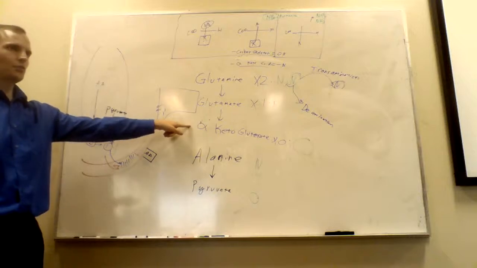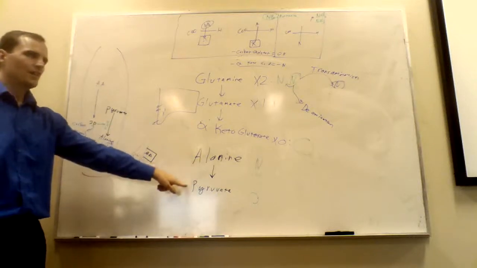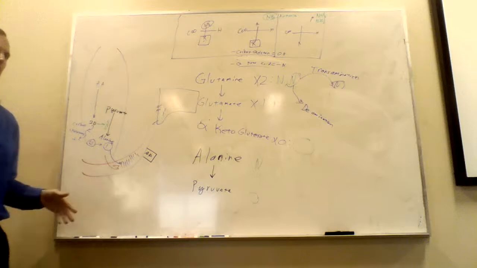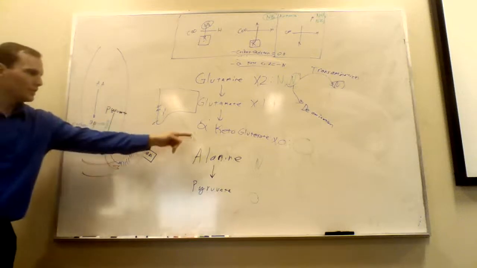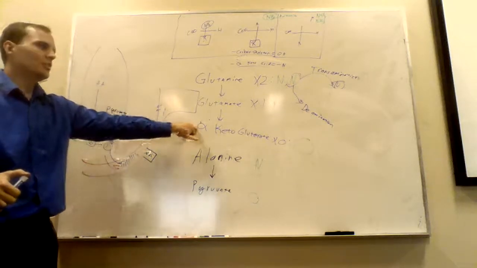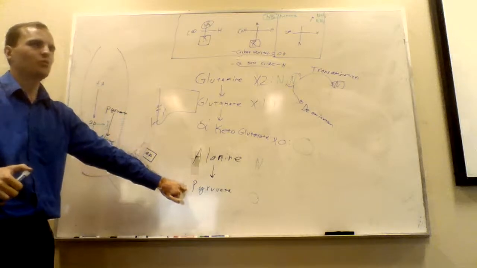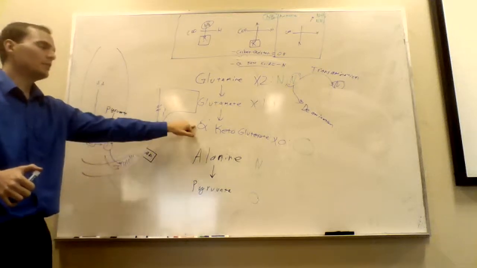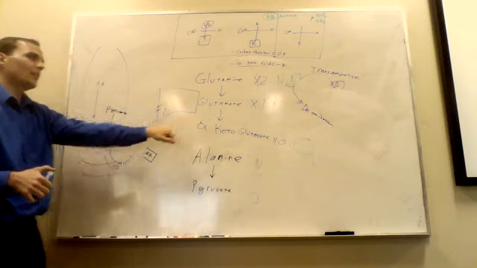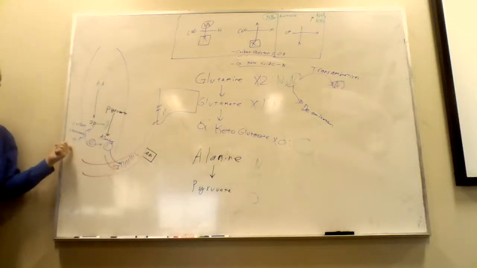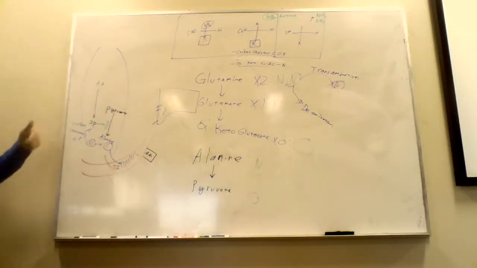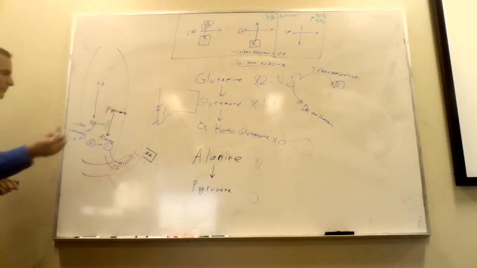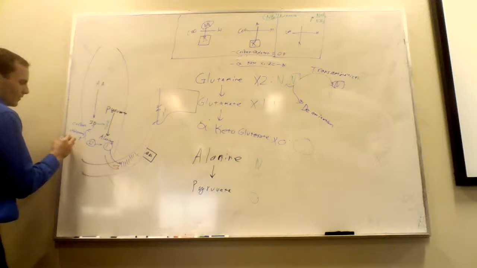One of them is alpha ketoglutarate, one of them is pyruvate, and I'm not going to throw all the others at you, but you'll notice that both of these are really close to the TCA cycle. Pyruvate is about two steps away from the TCA cycle. Alpha ketoglutarate is actually in the TCA cycle. All the rest of the carbon skeletons have a way to get to the TCA cycle. Lots of them are actually part of it. And so once they are skeletons, all of them will end up in the TCA cycle.